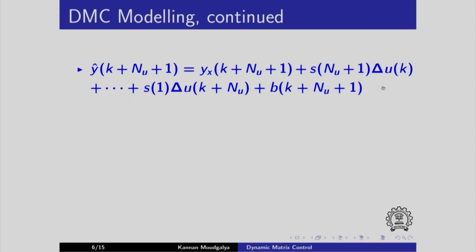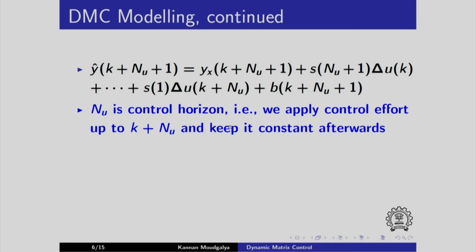Okay, this is the expression we arrived at in the previous slide. Now because Nu is the control horizon, we apply the control effort up to k plus Nu only and keep it constant afterwards. That is delta U of k plus M equals 0 for all M greater than Nu.